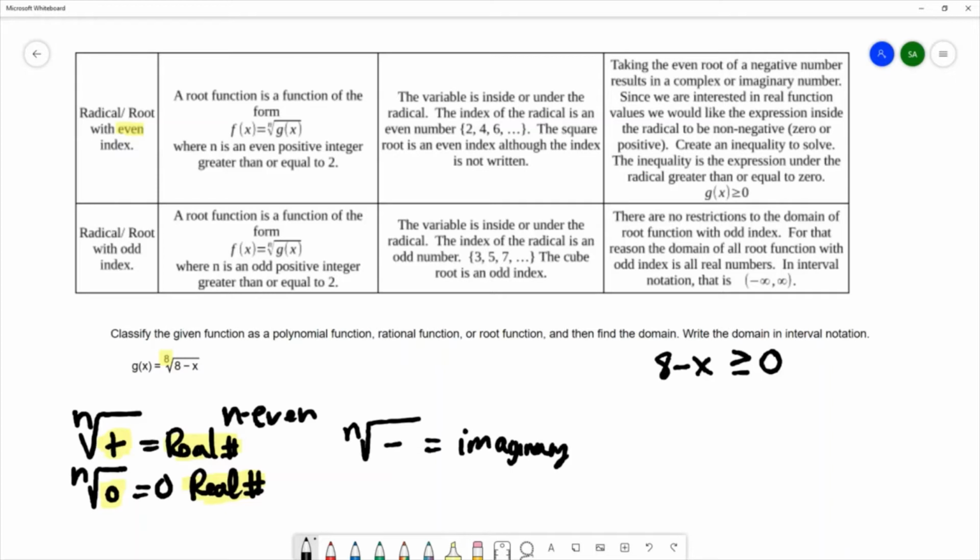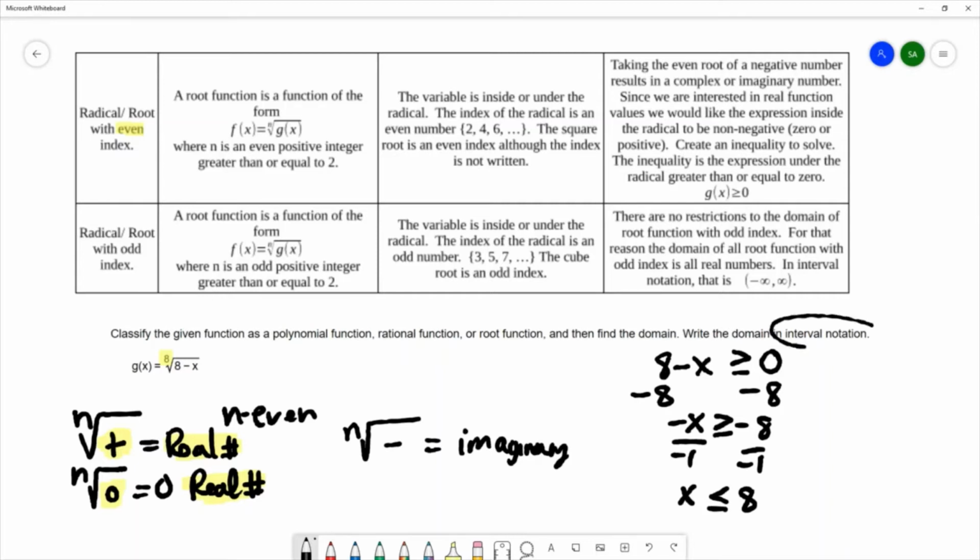So we'll solve that inequality. We have negative x is greater than or equal to negative 8. I'll divide both sides by negative 1, and when I divide by a negative, I reverse the inequality symbol. And so my domain is going to be x is less than or equal to 8.